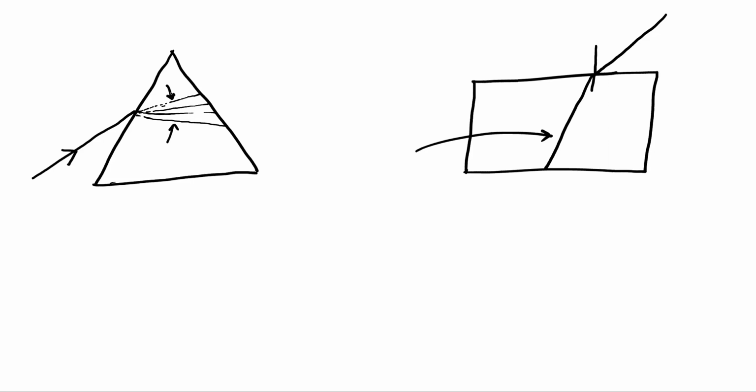Different colors of light have different wavelengths, and their speeds are also different. So if they travel unequal distances, this results in scattering of light. Okay, got it? You understood? Because this distance is not the same. Here, if it is like so, they are traveling equal distance.